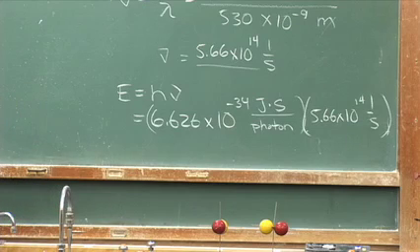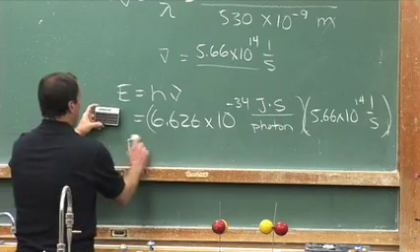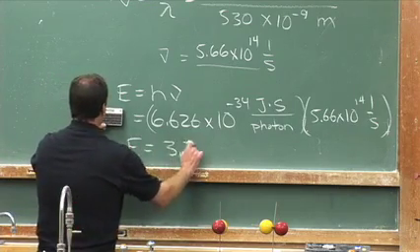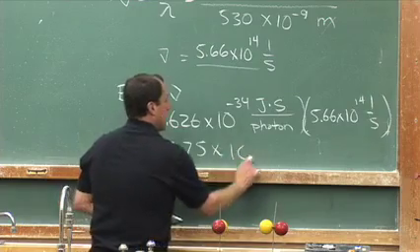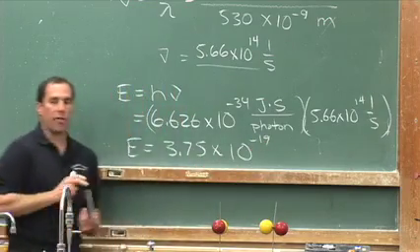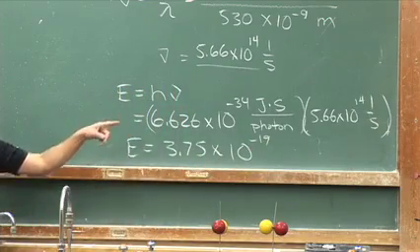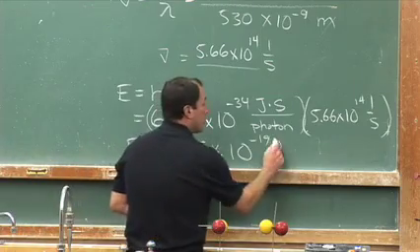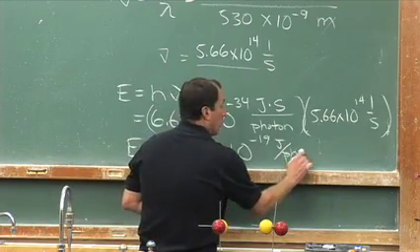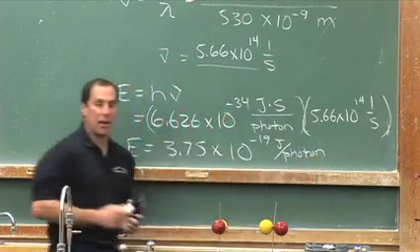So the energy of this, I come up with energy being equal to 3.75 times 10 to the negative 19th off of my calculator. The seconds cancel, and we end up with joules of energy for one little photon, one packet of energy.